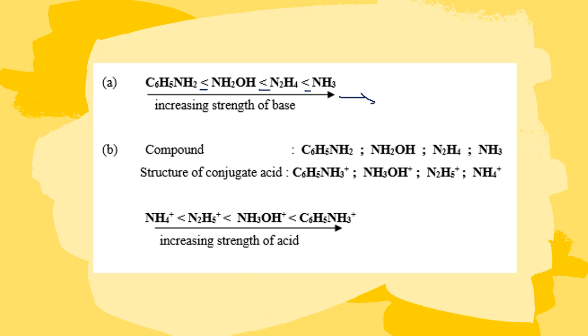For B, question number 1, this is the base and conjugate acid pair. This is the base, this is the conjugate acid. Same for here, and same for here. Just now this one was the weakest base, now it becomes the strongest acid. This one was the strongest base, now it becomes the weakest acid.